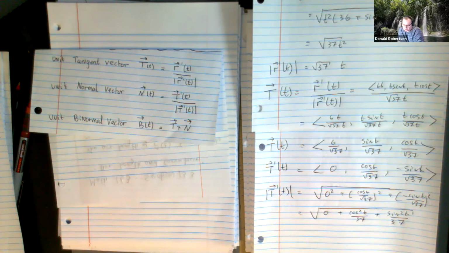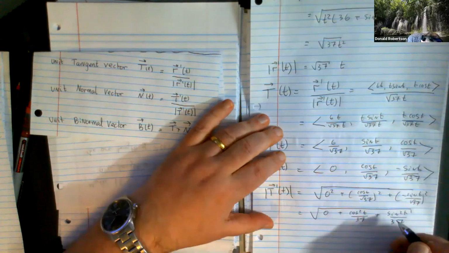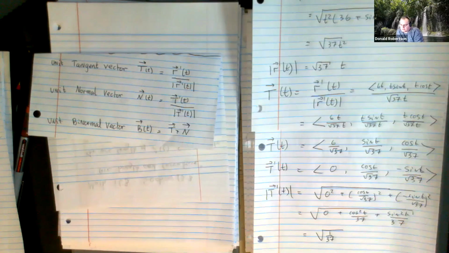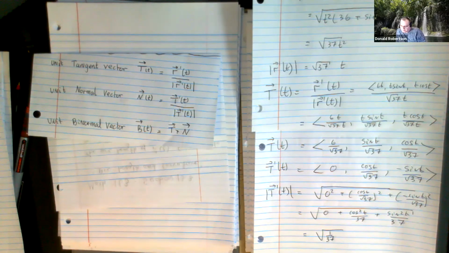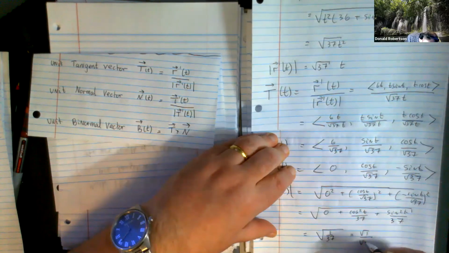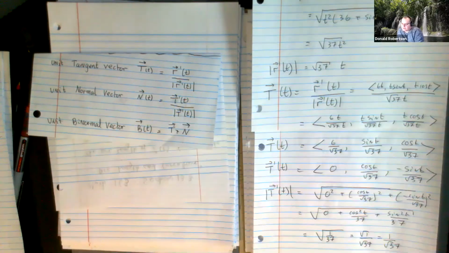Is there anything, style points, we can do to this square root that makes it nicer? That cosine squared sine squared theme. Right, so essentially, are you okay that's what you eventually get? Right, that plus that is cos squared plus sine squared over 37, 1 over 37. And of course, style points means I can do that. Agreed?